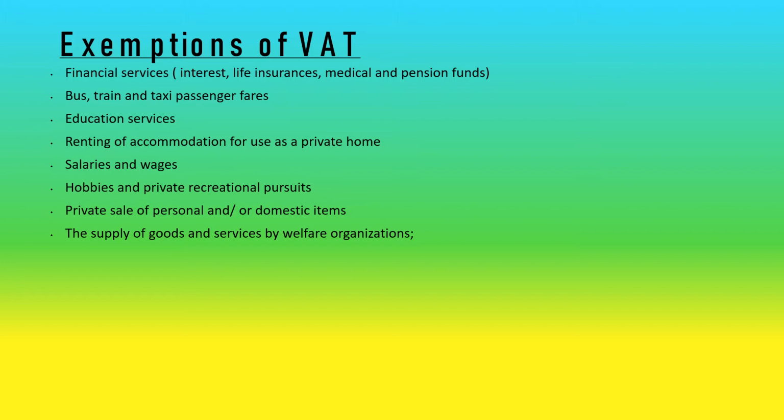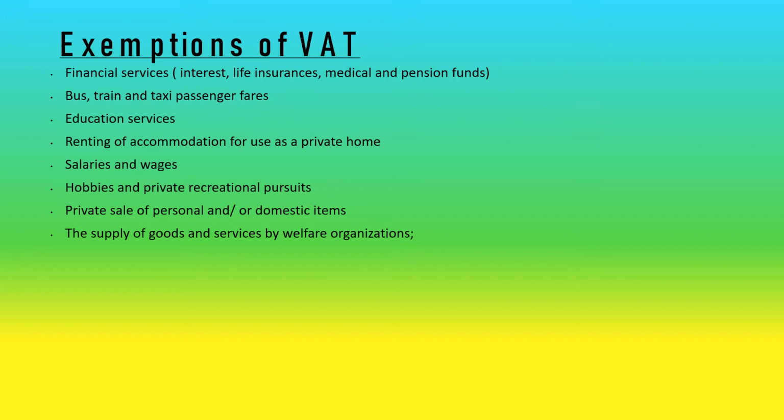These are just some of the list of exemptions. You may receive a trick question in the exams regarding that, so please make sure you know these things. They're not much to learn, so you can surely learn them and understand why they're exempt, and that should help you remember.